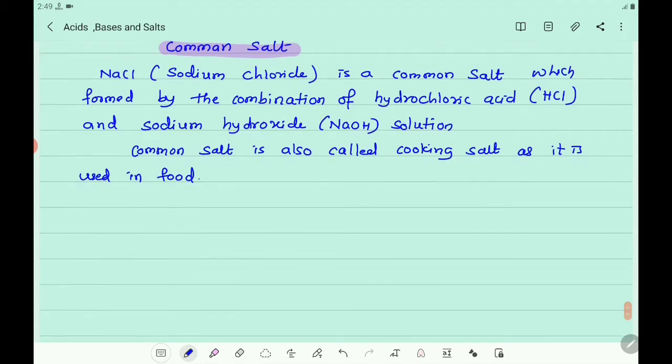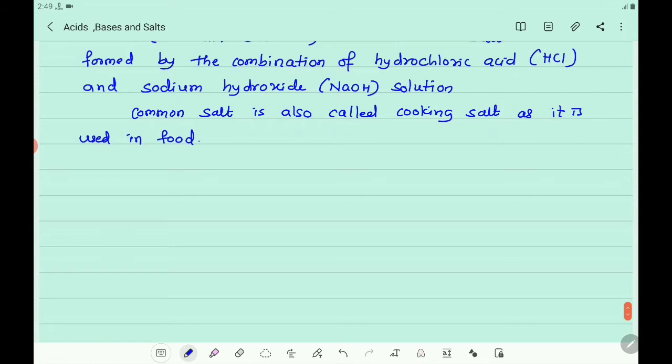And you know about rock salt. So what is that rock salt? Deposits of solid salt are also found in several parts of the world. These large crystals are often brown due to impurities. That is called rock salt.